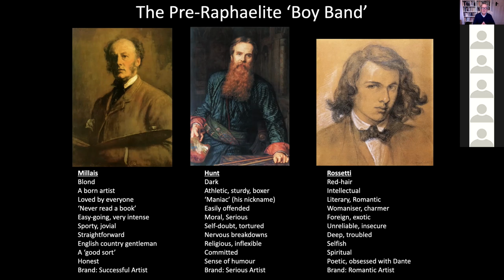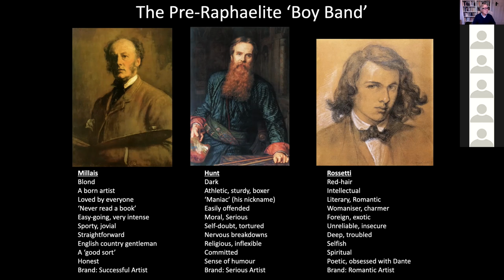So he was a successful artist. Holman Hunt you would buy because he was serious and you could trust him. And if you had religious inclinations, he was the most religious and worked hard, a hard worker and fairly well known. And Rossetti, I think you'd buy his paintings because he was an intellectual, a romantic artist, a typical romantic genius type of artist.